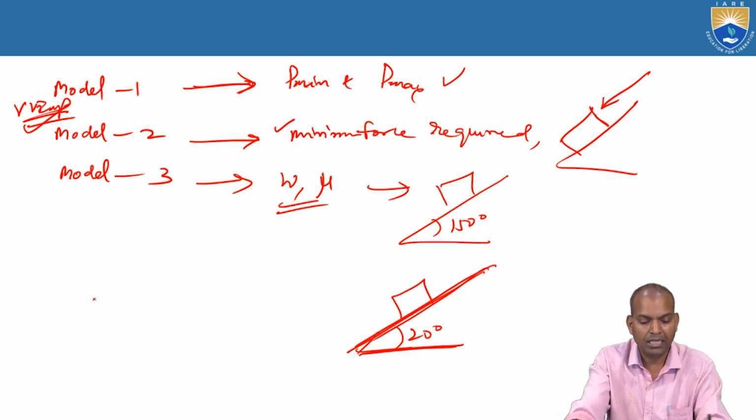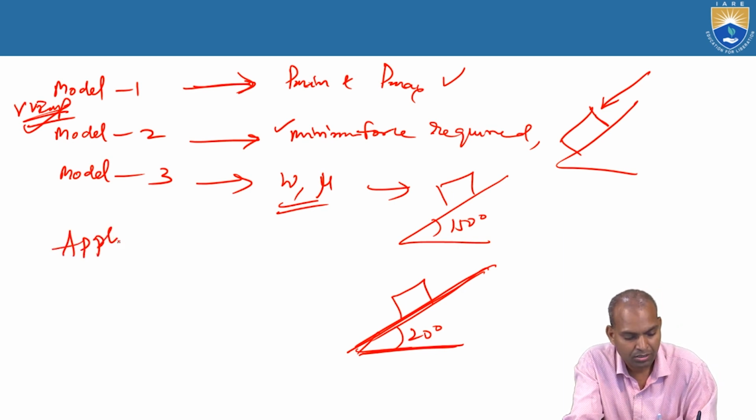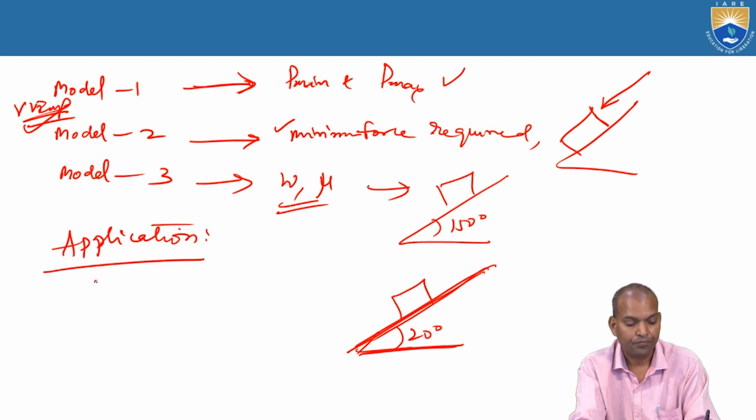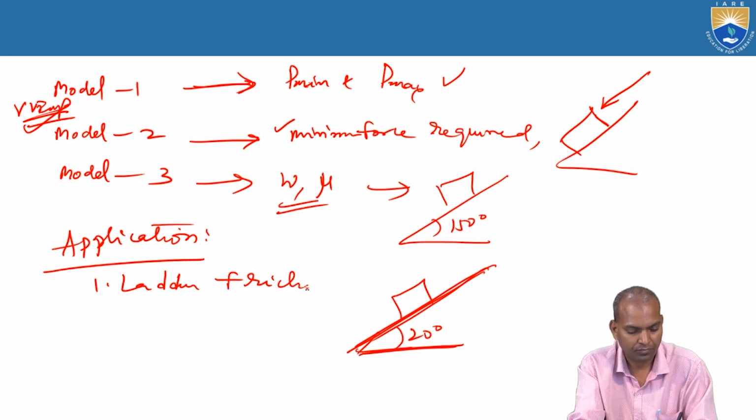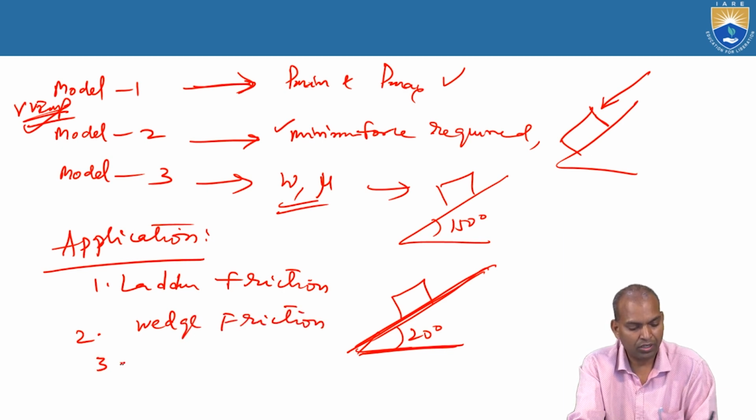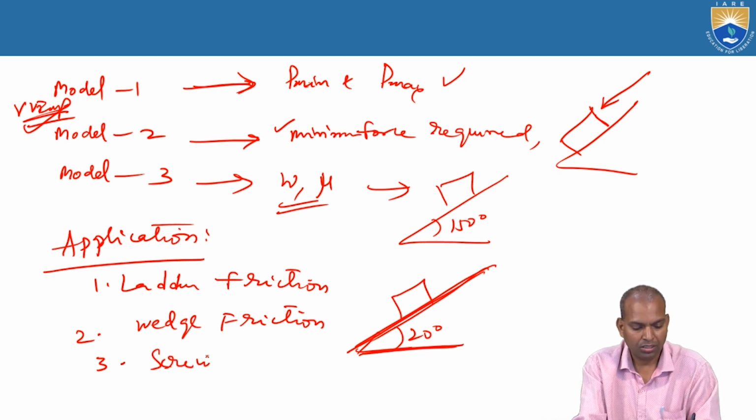One is ladder friction, another one is wedge friction, and the third one is friction in a screw jack.